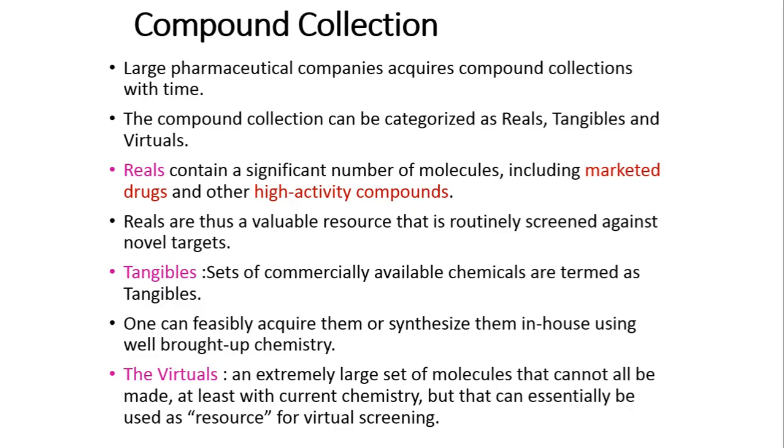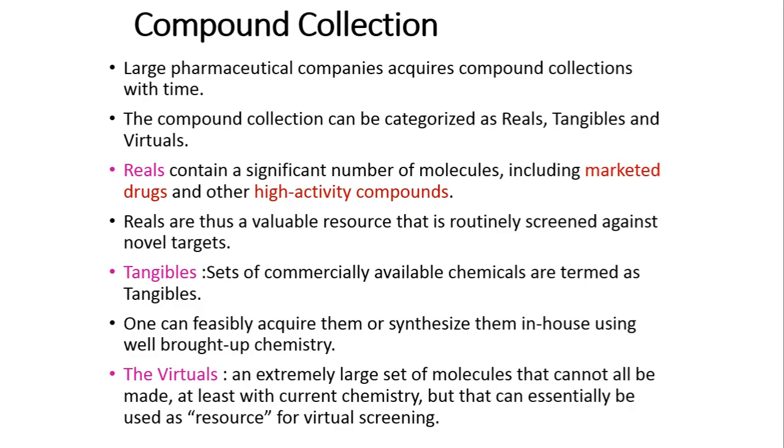Whatever compound library you might acquire from different sources, they can be categorized into three major groups. The very first major group is called reals.